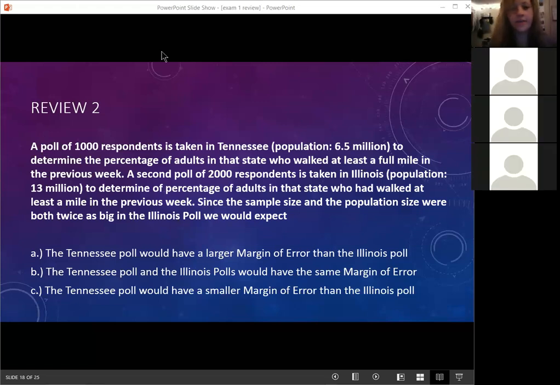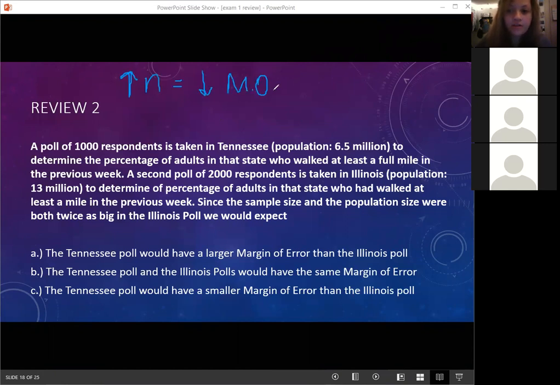All right, great job. What we want to remember here is that our margin of error has an inverse relationship with sample size. As our sample size increases, our margin of error is going to decrease. In this case, we have our Tennessee respondents, with 6.5 million, and Illinois had 13 million, so Illinois had a larger population.